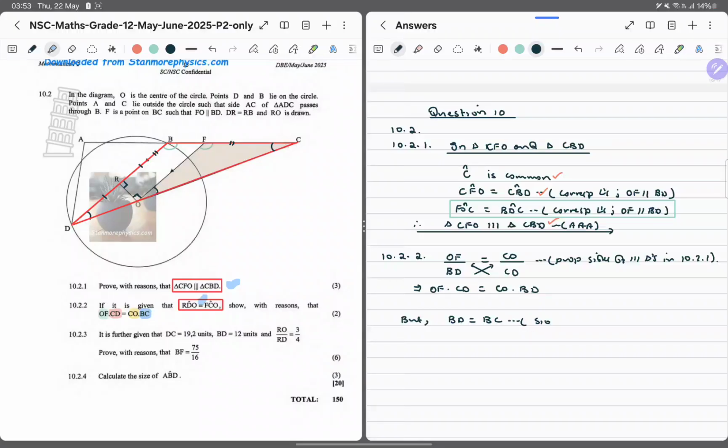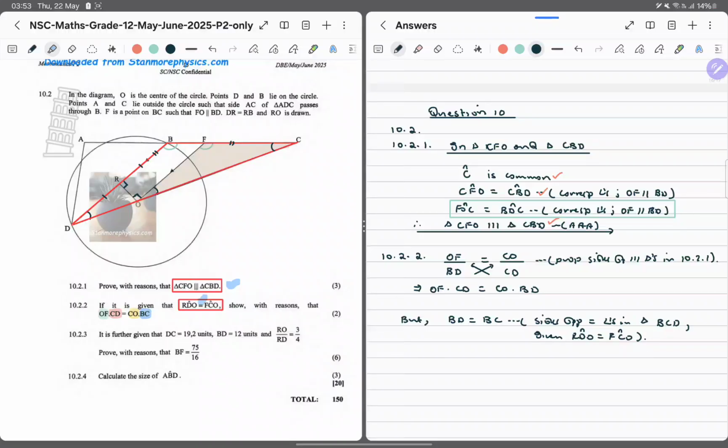These are the sides opposite equal angles in triangle BCD or CBD, given that angle RDO was equal to angle FCO.